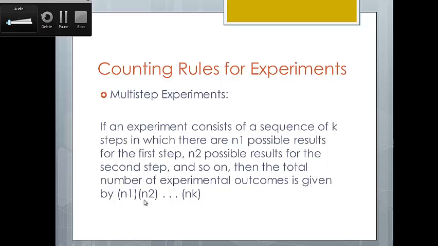So each of the steps gets denoted with a number going up to k, and then we multiply together all of the potential outcomes that could occur there.